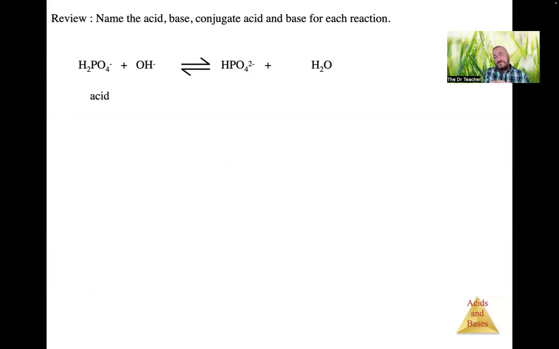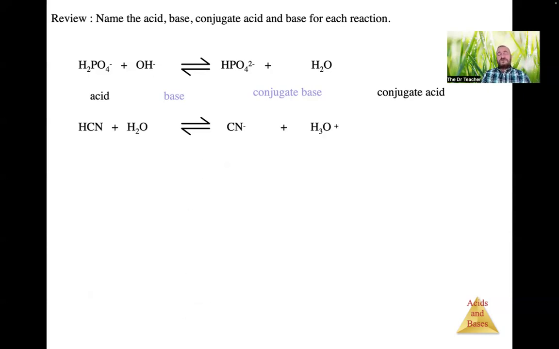So what is the conjugate base? It would be HPO4 minus 2. And the acid will be H2O, because you can see here the base is OH, and then the conjugate base will be HPO4 minus 2. So it has accepted more of the protons.